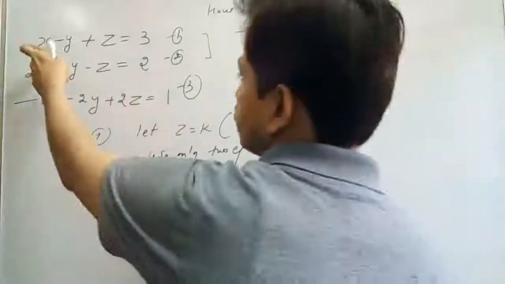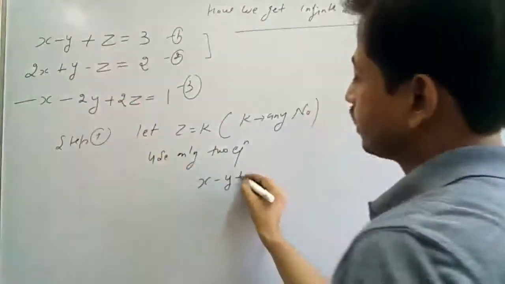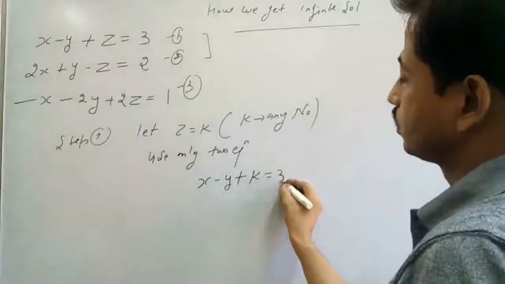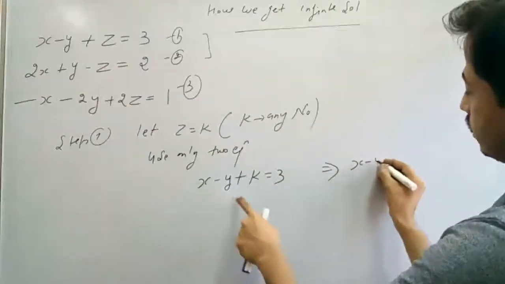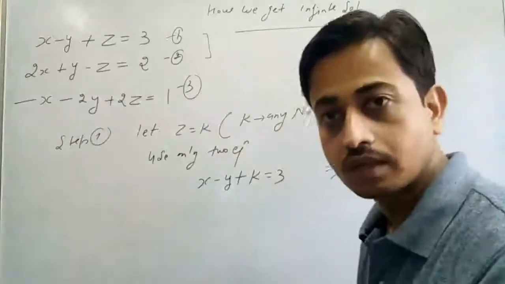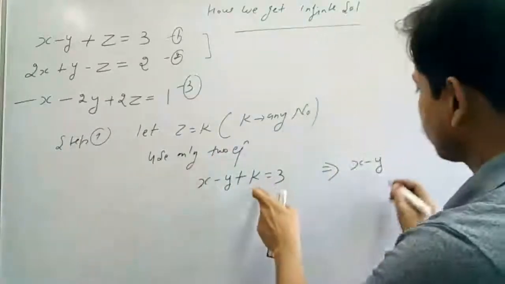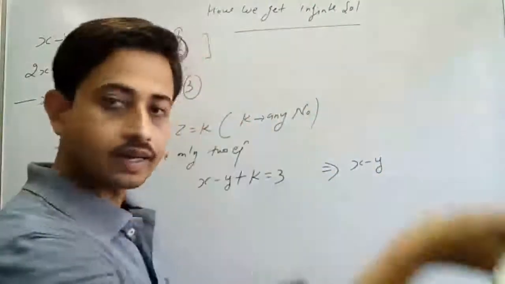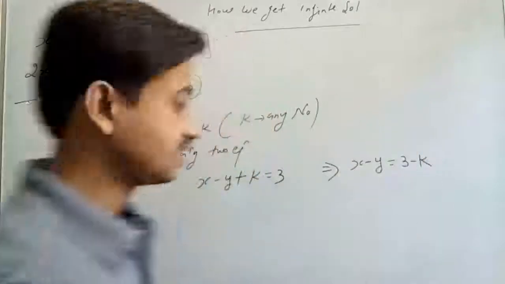Now the first equation becomes x minus y plus z, with z equal to k, is equal to 3. So if we solve that, we get x minus y, because k is also a number. In this we have only two variables, x and y, so I am going to take k to the right hand side: 3 minus k. Same here.